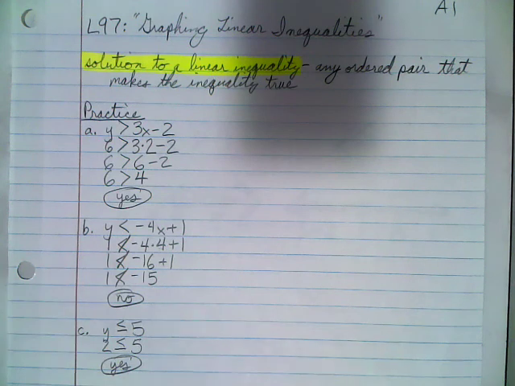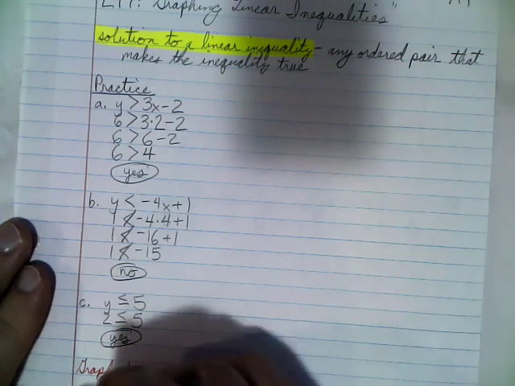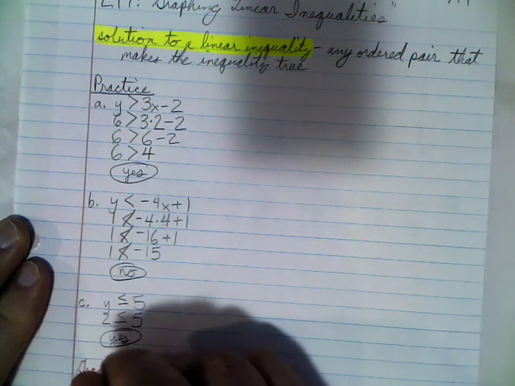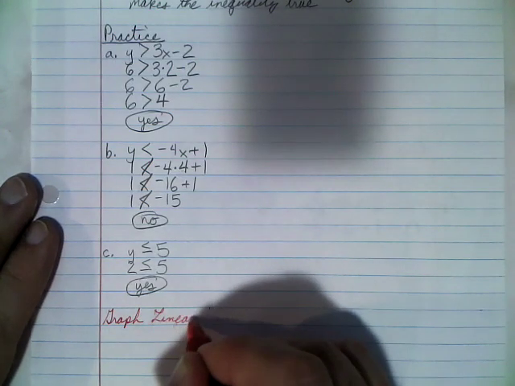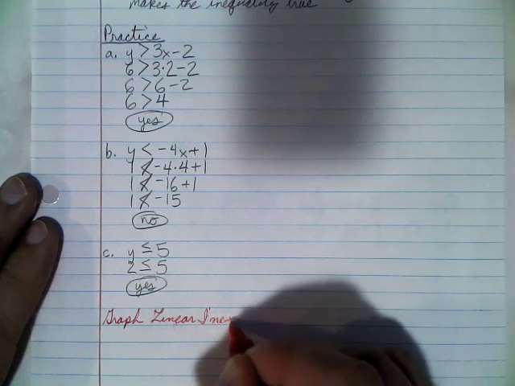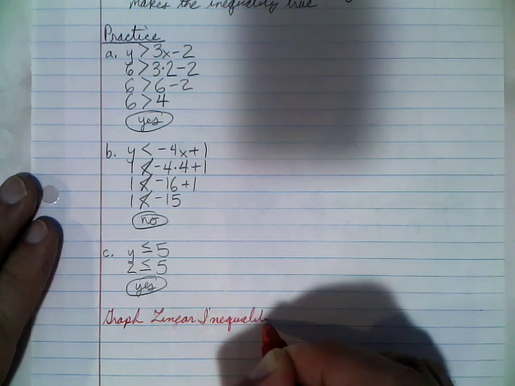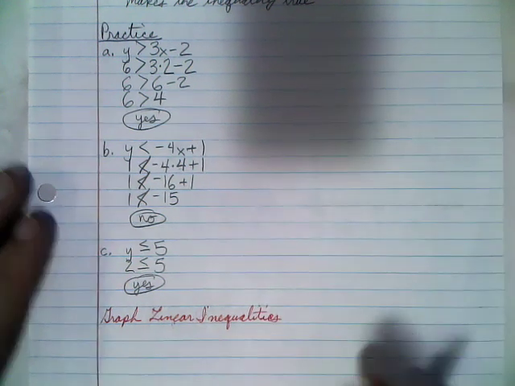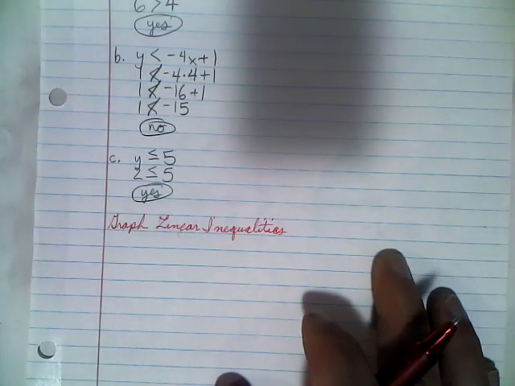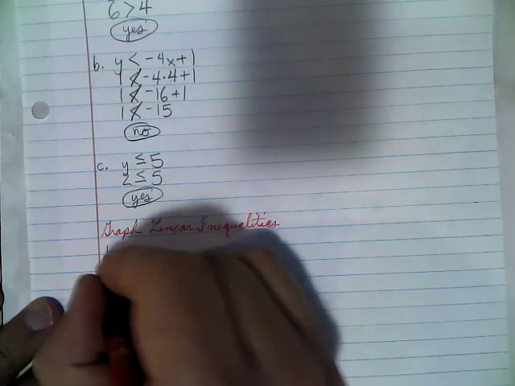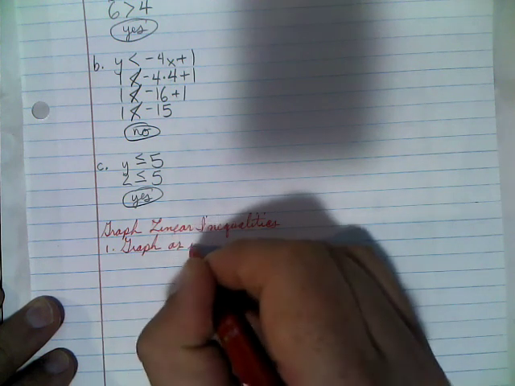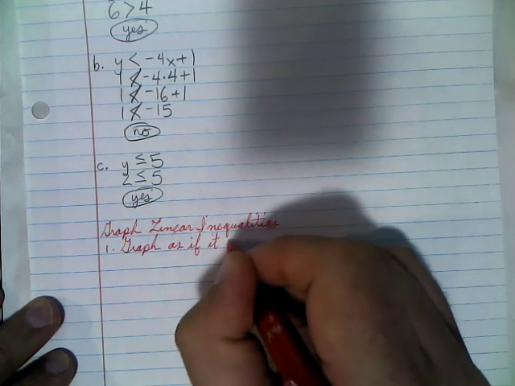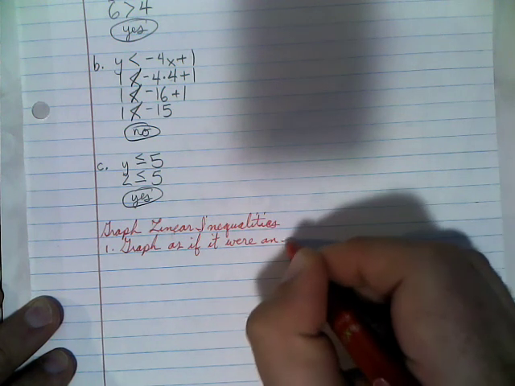So when it comes to graphing linear inequalities, and I'm sorry, I should have said linear inequalities, my mistake. So let's fill that in. Graphing linear inequalities: graph as if it were an equation.